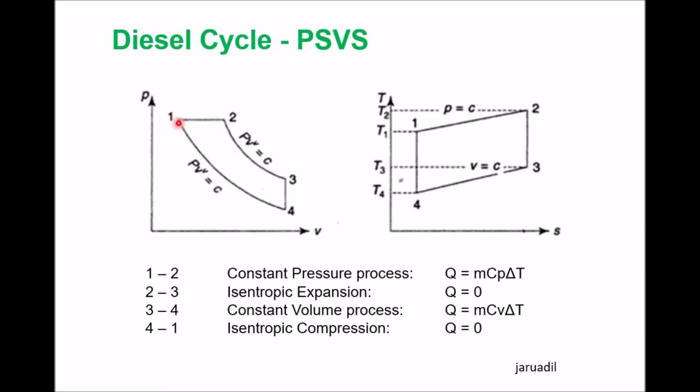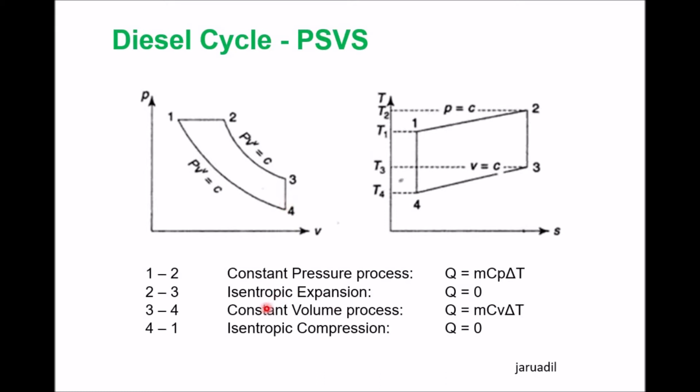The heat added from 1 to 2 can be found using the formula mCp delta T. Then from 2 to 3 is the constant entropy process, or isentropic expansion. Of course, if it is isentropic, Q is equal to 0. No heat is added or rejected during the process.